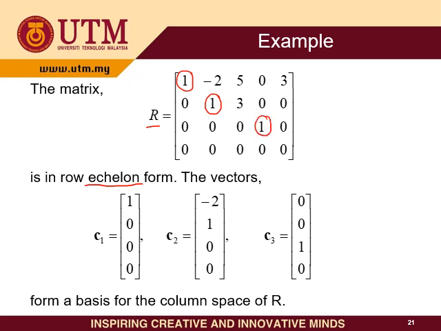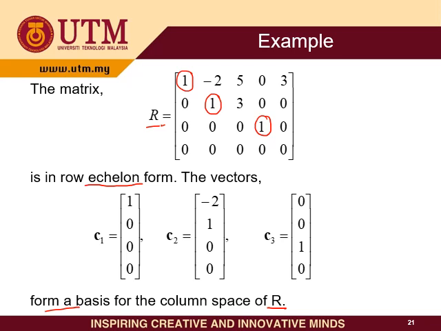So these are our leading ones. The vectors that contain the leading ones will form a basis for the column space of R. So this is R. The vectors that consist of leading ones will be the basis.